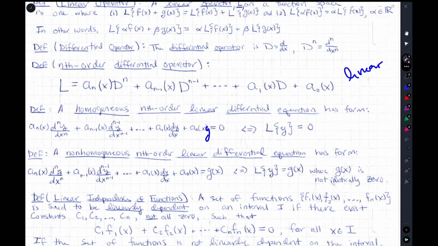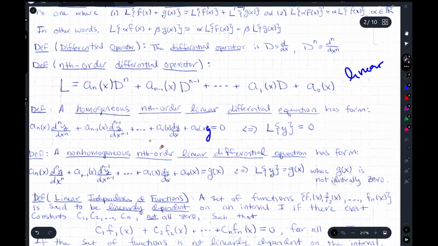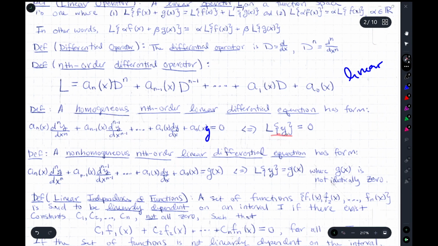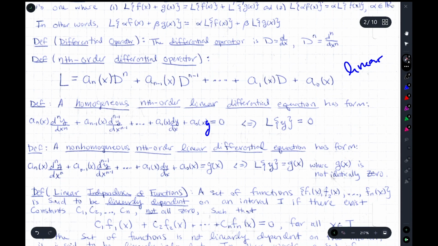But anyway, it's homogeneous because when this differential operator acts on y, you get 0. In some sense, you could think about it as annihilating y. You take y, operate on it, and it gives you back 0. That's called homogeneous, and it's important to pay attention to that. It's not trivial.